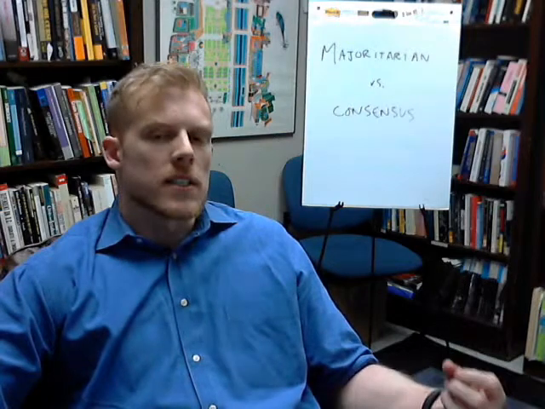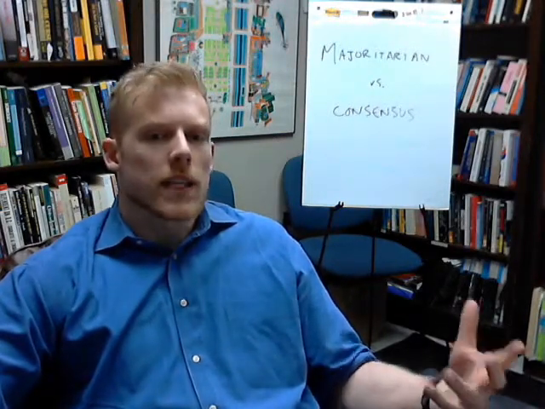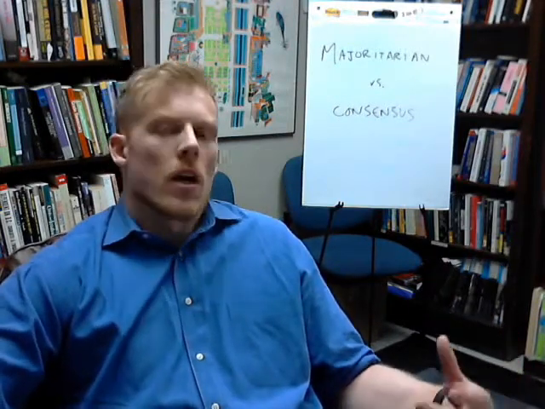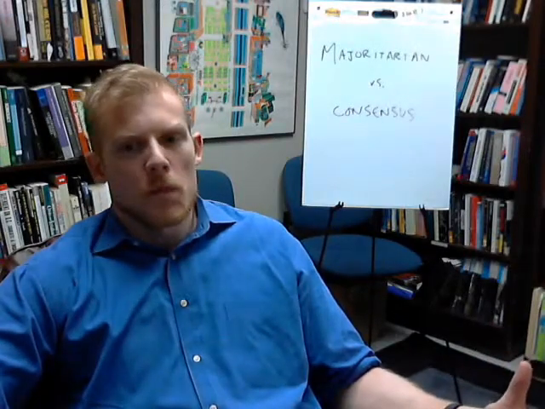On the other hand, consensus democracy emphasizes what you might call horizontal accountability. And horizontal accountability is when a series of political institutions check and balance one another, keep each other accountable.